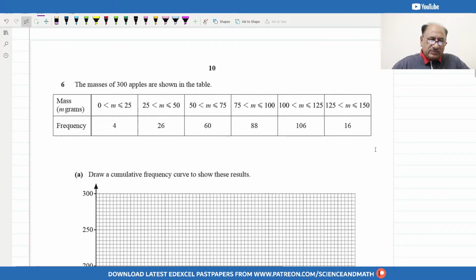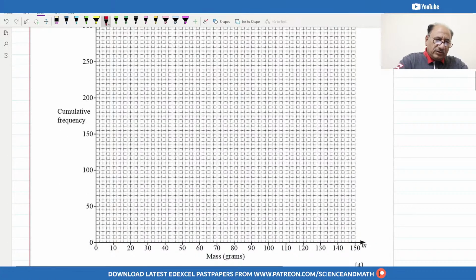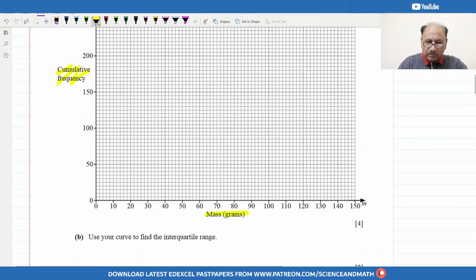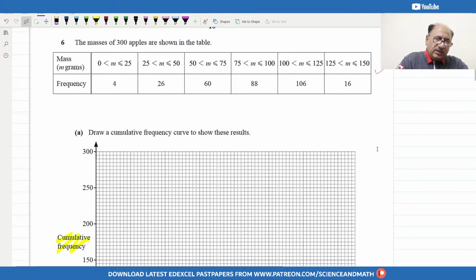So this type of data table will be given like this, and you have to plot this on a graph where mostly one side is cumulative frequency and the other side is like mass or time or whatever. So in this case, in this table, we have to find the frequency. I will be solving these questions.